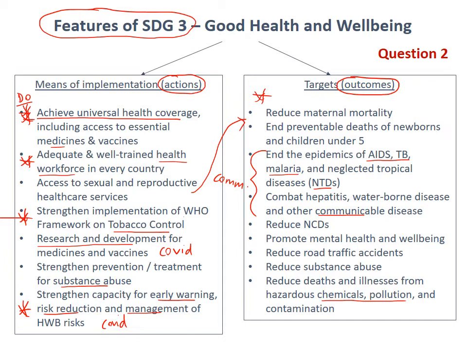In terms of your targets, maternal mortality, child mortality, this one in particular, these communicable diseases, non-communicable diseases, I would say road traffic accidents could be a focus, and possibly this one because it ties in really well with another SDG that we're going to look at. Okay, so once you've jotted those down, jump into question 2.